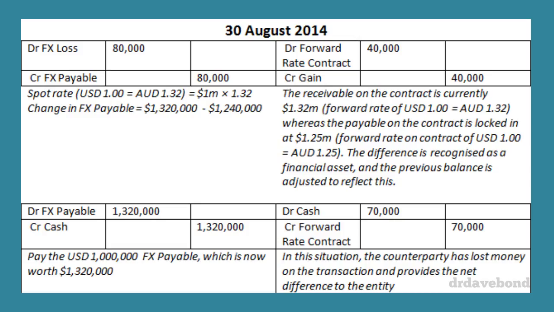And what you can see is the amount that we locked in, or the rate that we locked in, was 1.25. We have that 1.32. We have 70 coming in.